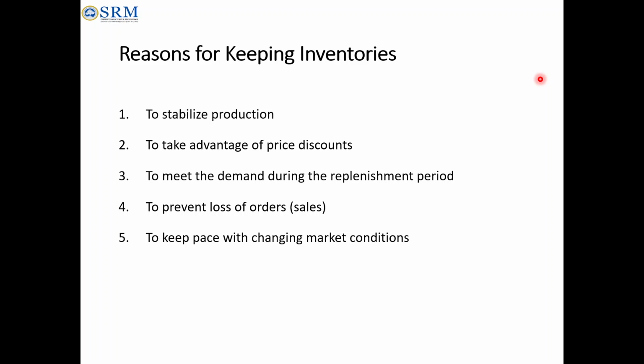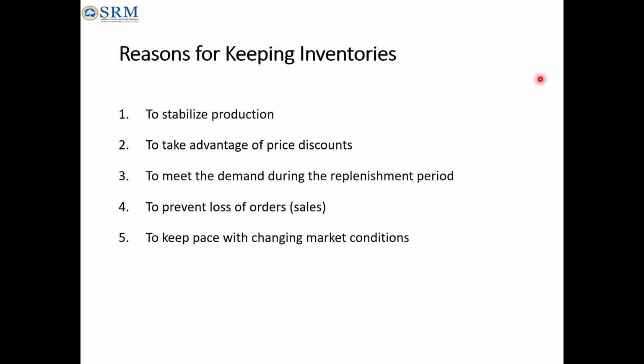At that time you should be able to supply. If you say, no, I don't have additional stock, and they are asking at the last moment and you can't provide, then if that component is manufactured only by your industry, it's fine. If not, they will go to some other supplier or company. So we should prevent the loss of orders, in the sense that we have to have inventories with us.